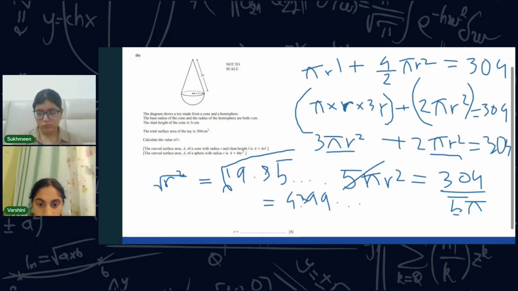Remember, you have to leave in the 0 because they want 3 significant figures. So don't forget the 0.